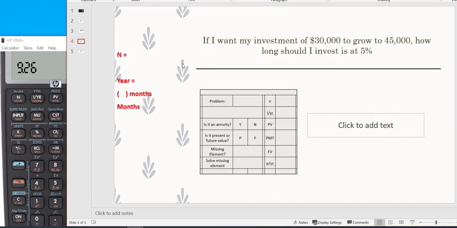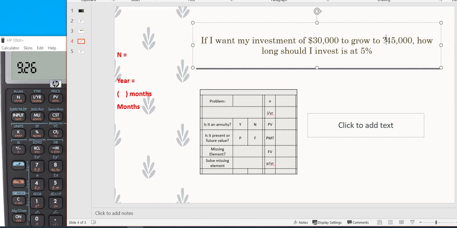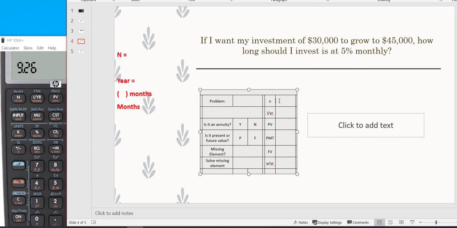So if I want an investment of 30,000 to grow to 45,000, how long should I invest it at 5%? And for our purposes, these are all going to be monthly. So we are looking for N. This is our unknown.